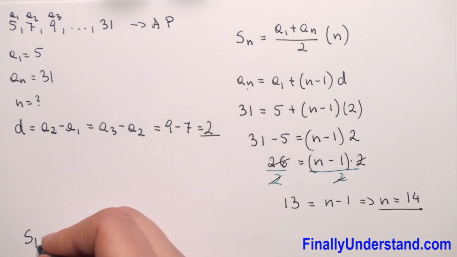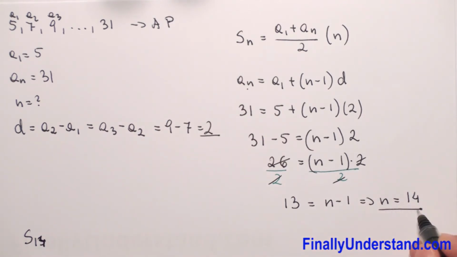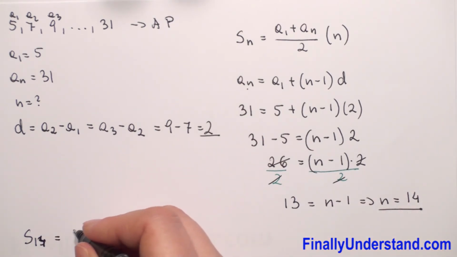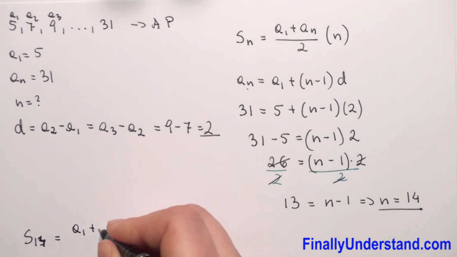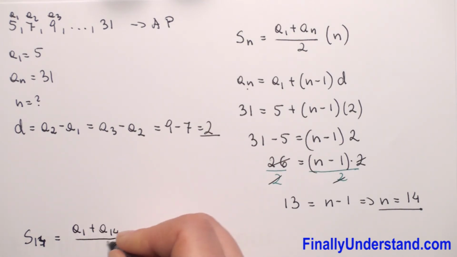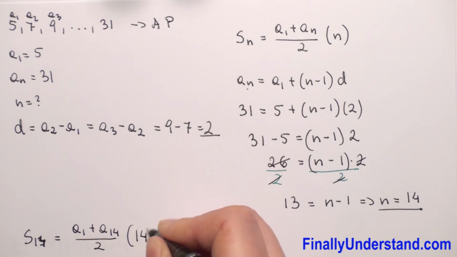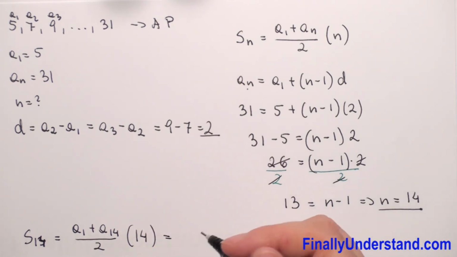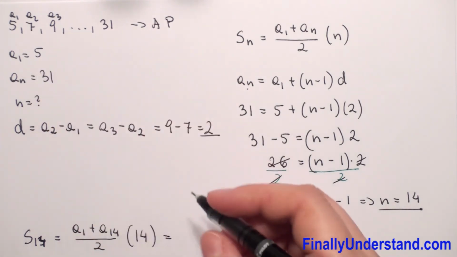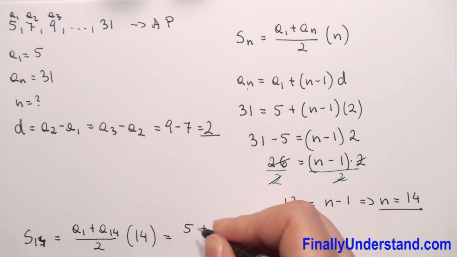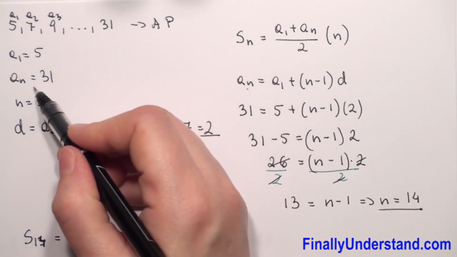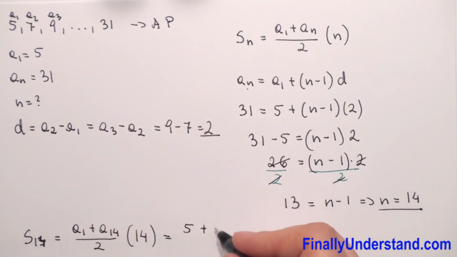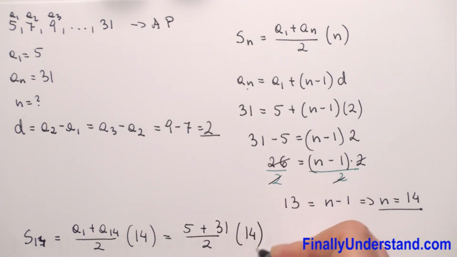So we calculated that n is 14, and the sum is equal to a1 plus a14 over 2 times 14. So this is equal to, a1 is 5 plus a14, which is 31, over 2 times 14.